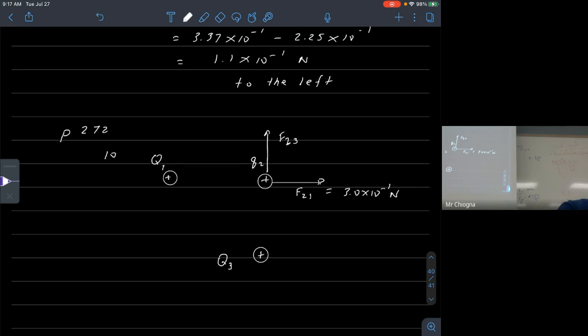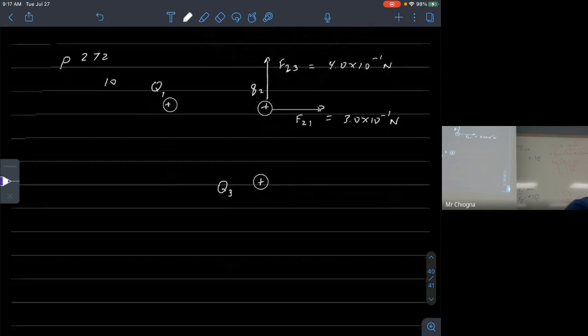It's a force. It's electric force. F23, use Q2 and Q3 in the calculation, and the distance, 0.6. That works out to be a little bit bigger, 0.4 newtons.